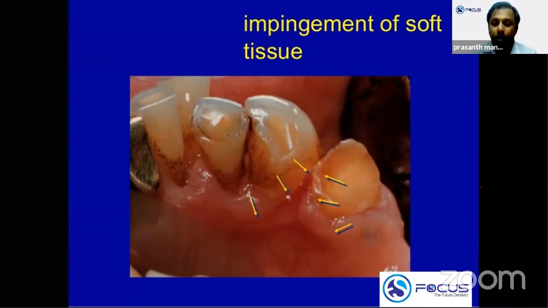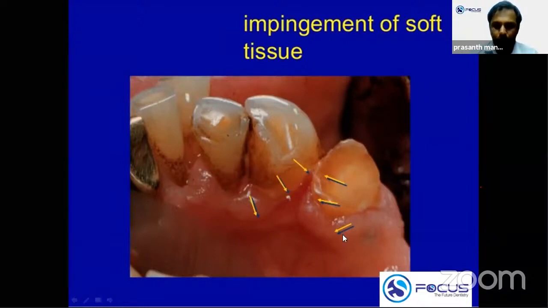So a removable partial denture without rest seat, you should never imagine such a prosthesis. Understood? You might have done it at your undergraduate level, but in your practice, don't ever do it. There is no prosthesis like an acrylic prosthesis without rest seat.